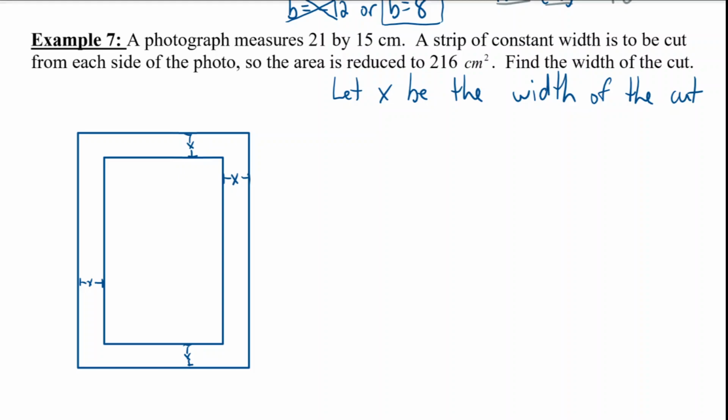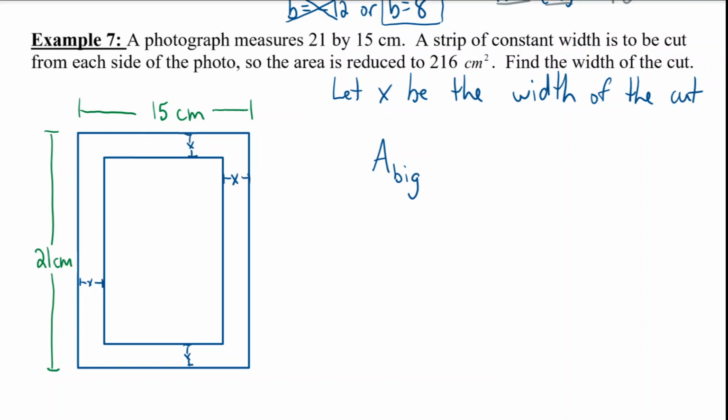What we do know is that the initial length is 21 centimeters. We've got that. And we know that the initial width is 15 centimeters. So we do know what the initial area is. Let's just kind of get that done. We have the area of the big rectangle here.